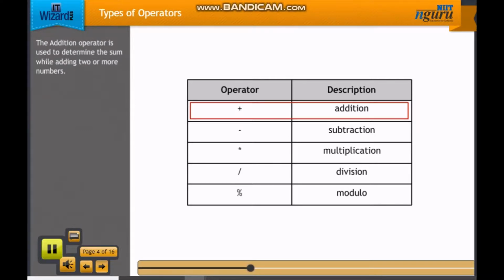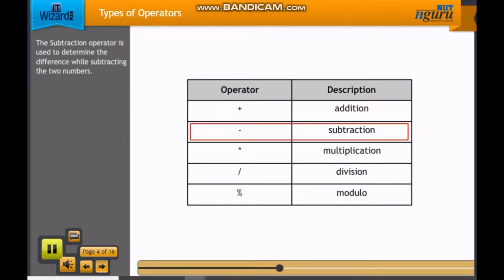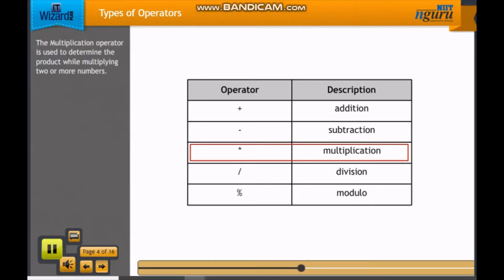The addition operator is used to determine the sum while adding two or more numbers. The subtraction operator is used to determine the difference while subtracting two numbers. The multiplication operator is used to determine the product while multiplying two or more numbers.